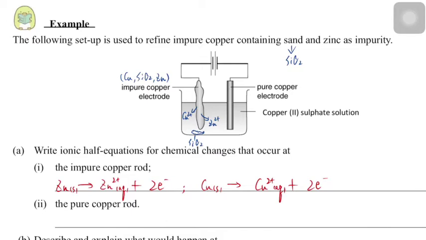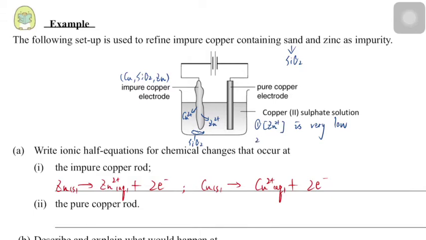First, as zinc is an impurity and we know it's only around 1% impurities in the impure copper sample, that means the zinc ion concentration is very low.